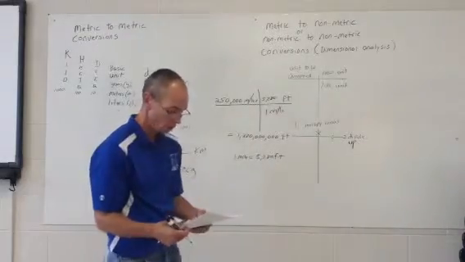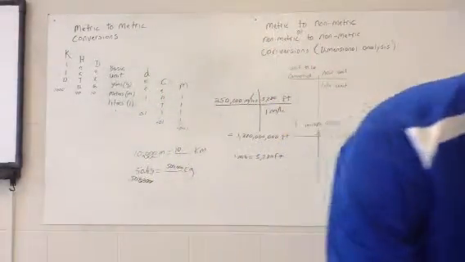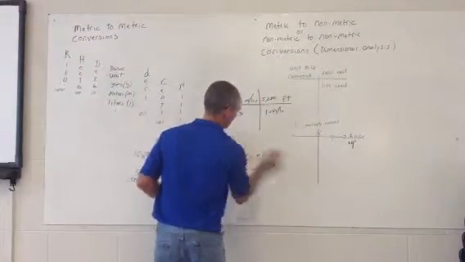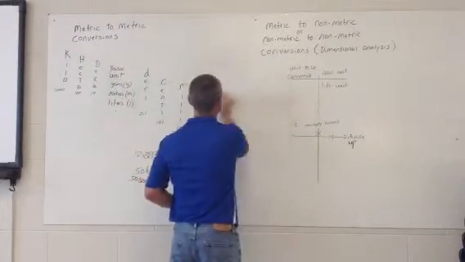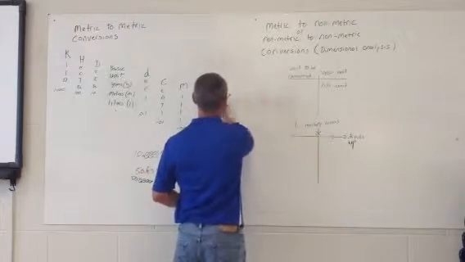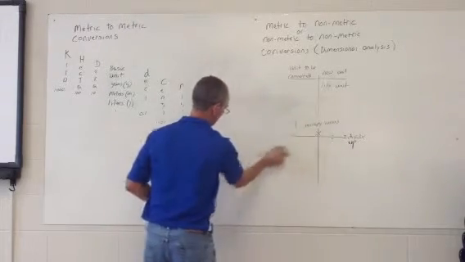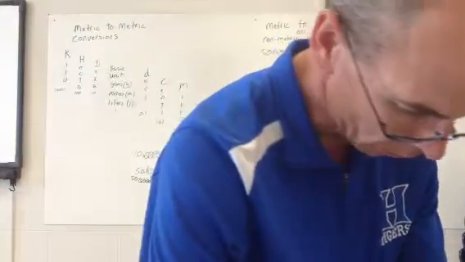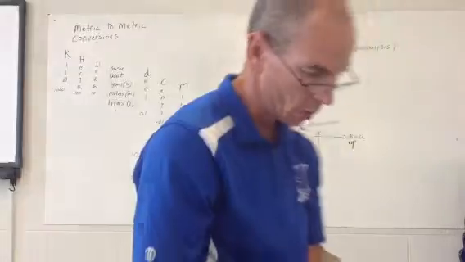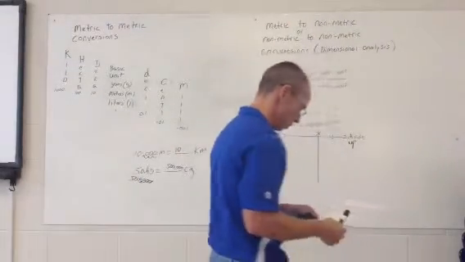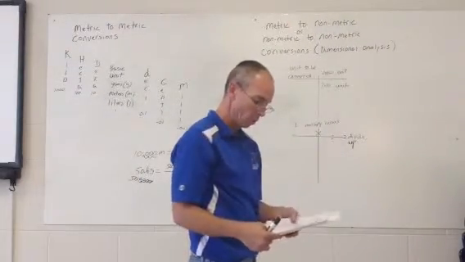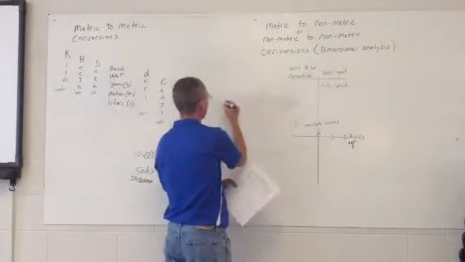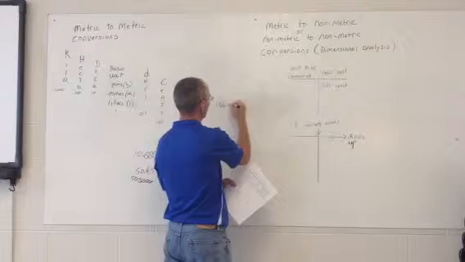Okay, let's try one more. Let me erase this one. Okay, let's see here. A family pool holds 10,000 gallons of water. 10,000 gallons, that's the number I'm given.